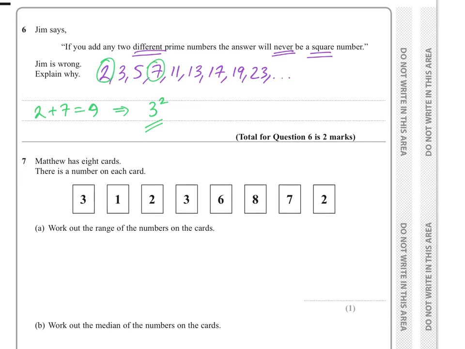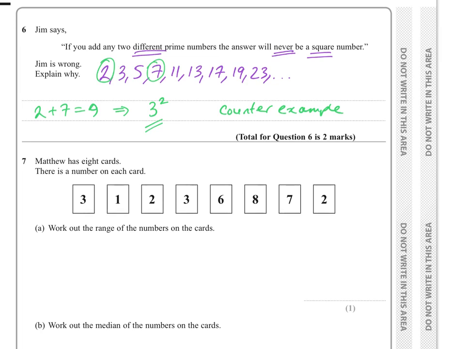So there's one counter example. Counter meaning against the belief that is stated in the beginning. So you're showing something which is counter to the initial argument. Okay?